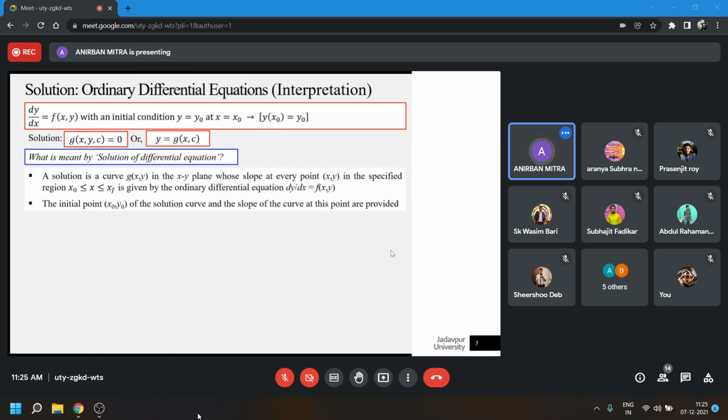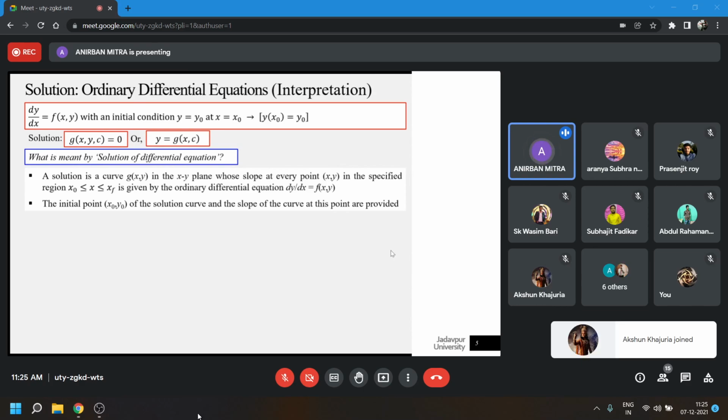So we know what the initial point is, and that point is (x0, y0). Starting with this and the slope of the curve, the slope is also known to us. We have to develop a particular curve g(x,y) in the plane xy, whose slope at every point in the specified region would be given by the ODE. So that is the physical meaning of the initial value problem.